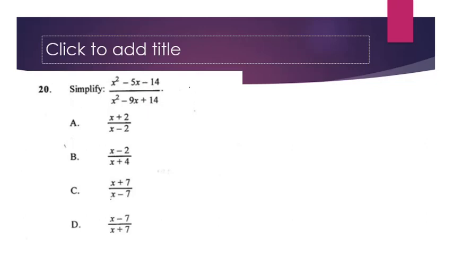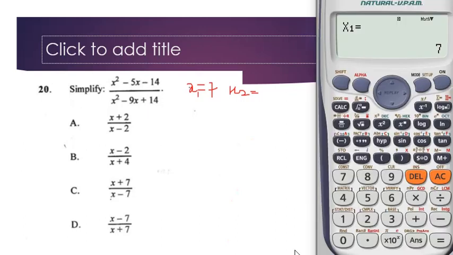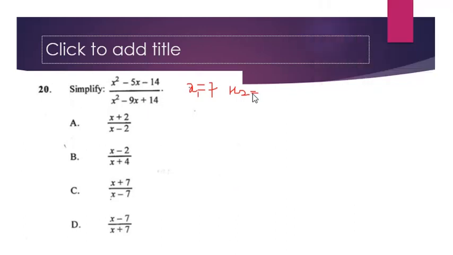So for the numerator we have x equal to 7, that's x1. Let's check x2. x2 is minus 2.